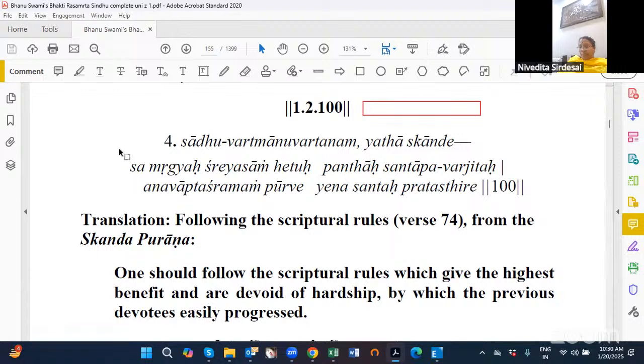We'll try to complete by March, the second week of March. Then we have the exam, and from April onwards we will have the next batch of Bhakti Shastri. Those who have completed in this batch can opt for Bhakti Vaibhav. Bhakti Vaibhav and Bhakti Shastri will all start in May only.